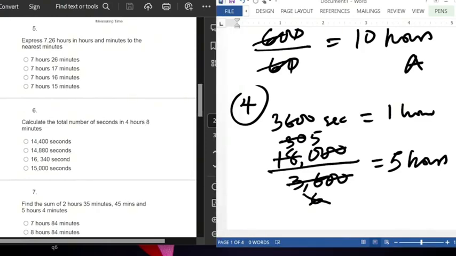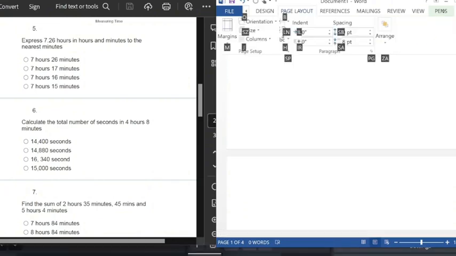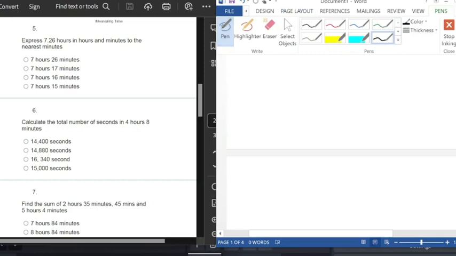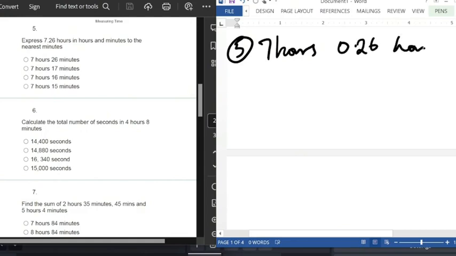Then we move to question number 5. We're asked to express 7.26 hours in hours and minutes. So it's already in hours. We have 7 hours, which means 7 hours and 0.26 hours as well.